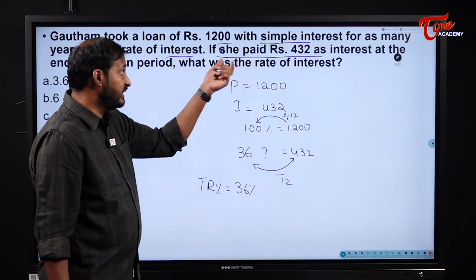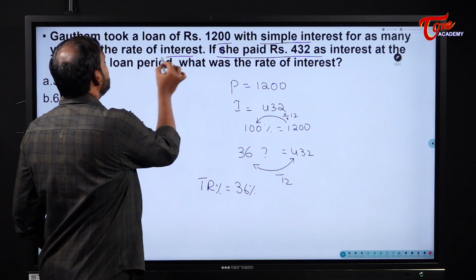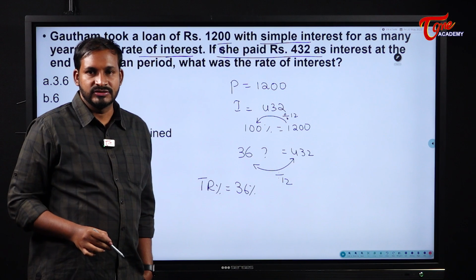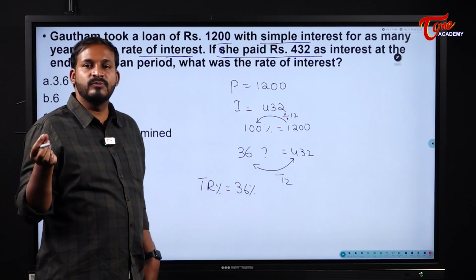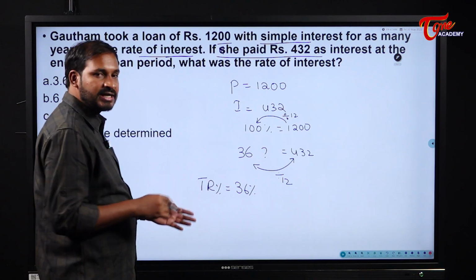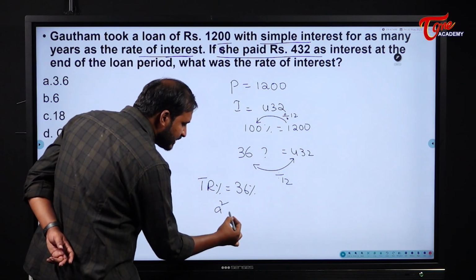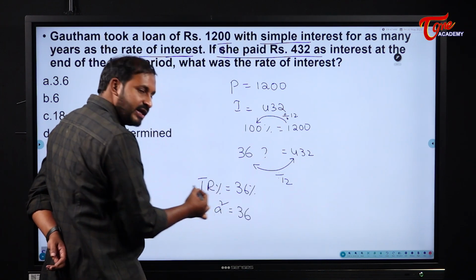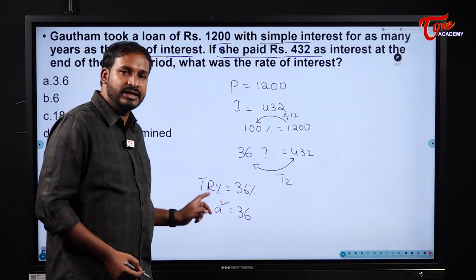And they are telling us the rate of interest is the same as the number of years. So here the numerical values of the duration and rate of interest are both the same. Let us assume both are A. So A square is equal to 36, because A into A is equal to 36. Why am I not taking T is equal to R?